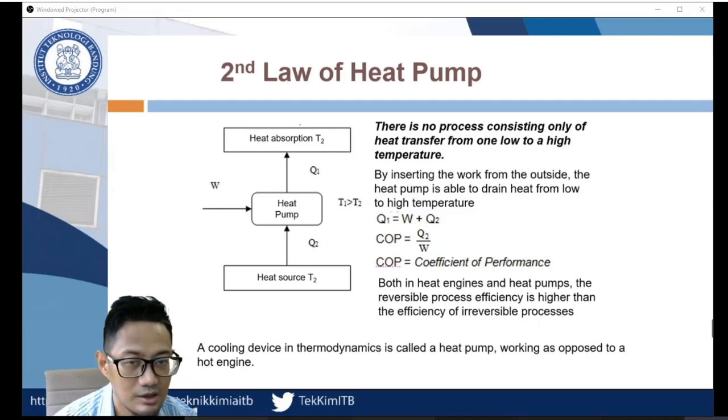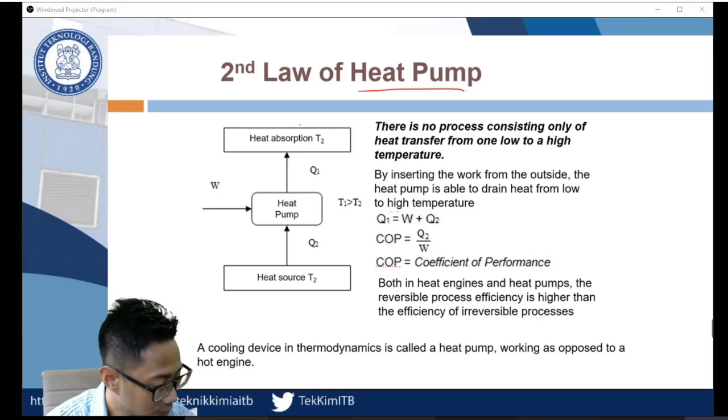The same principle can be applied for heat. Naturally, heat will flow from higher temperature to lower temperature, but it is possible to transfer heat from lower temperature to higher temperature using what is called a heat pump.